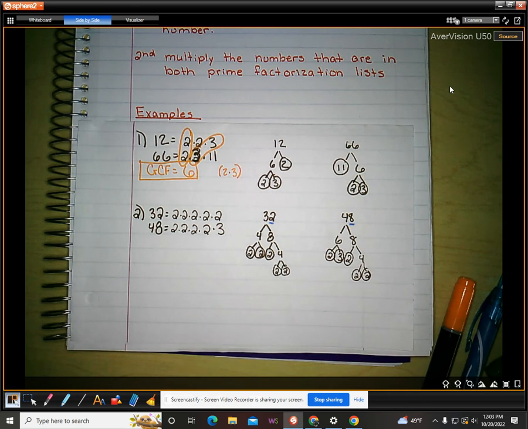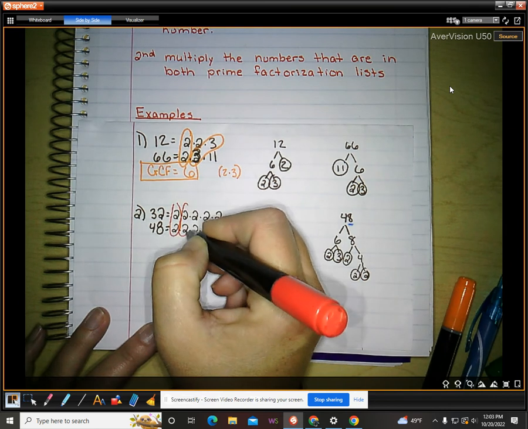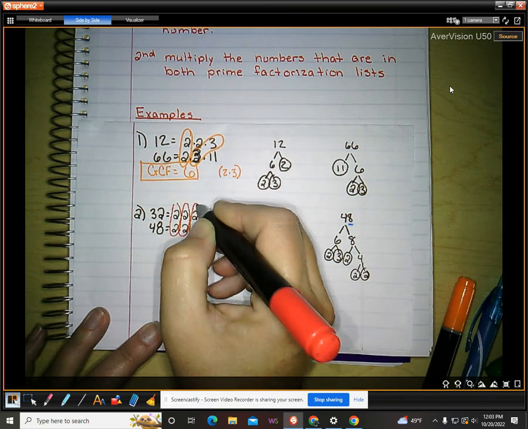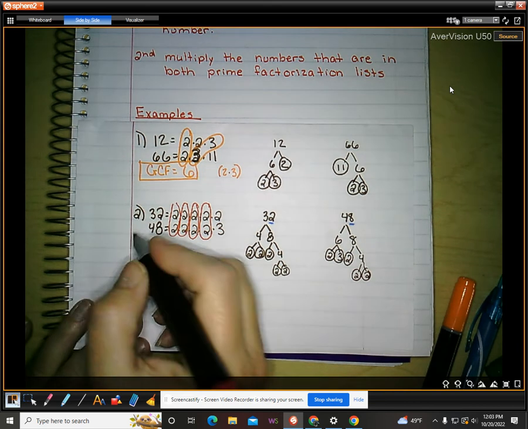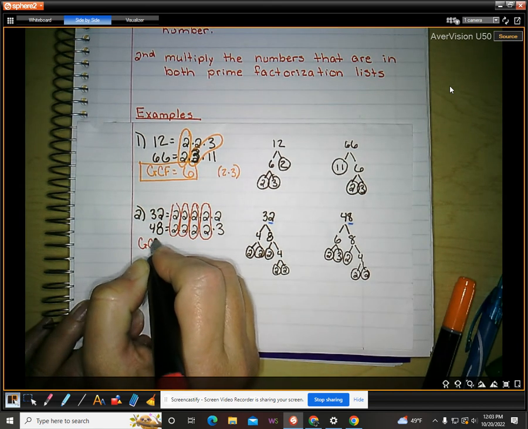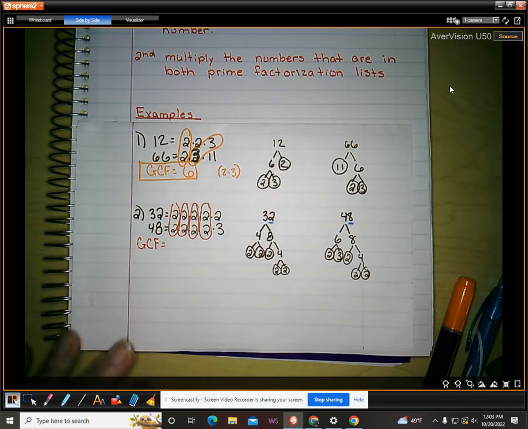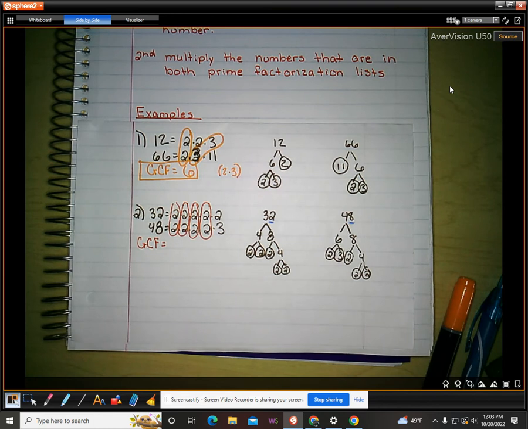Then, to find the greatest common factor, we're just looking at the pairs of numbers. So we have 4 pairs of 2. Now, here is where sometimes we get confused. This is not 2 times 4.